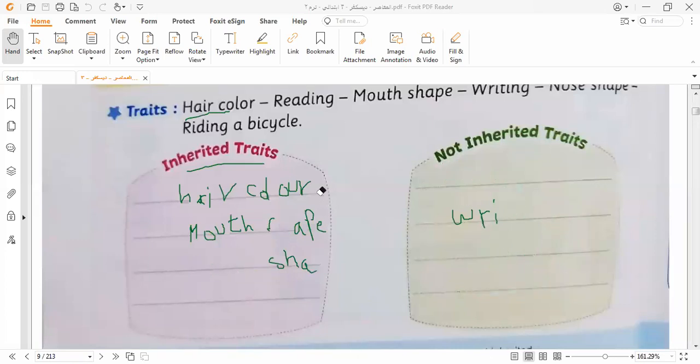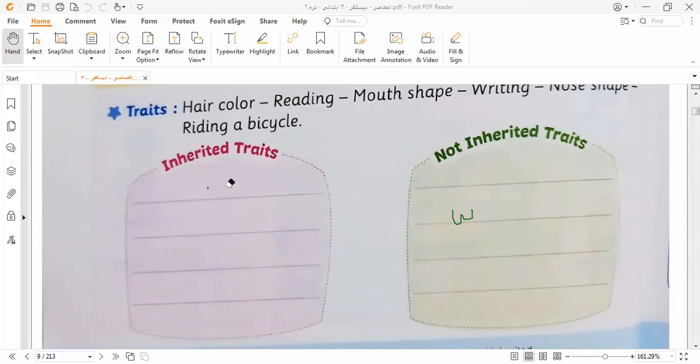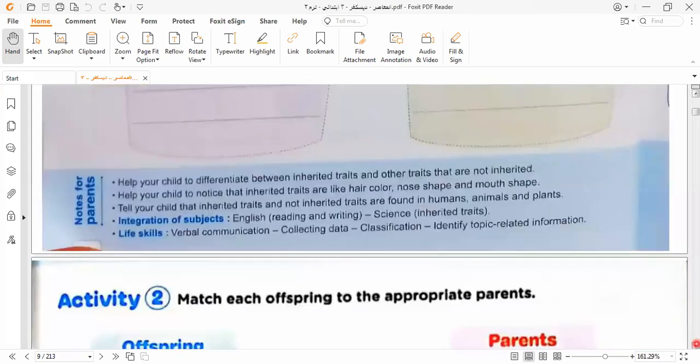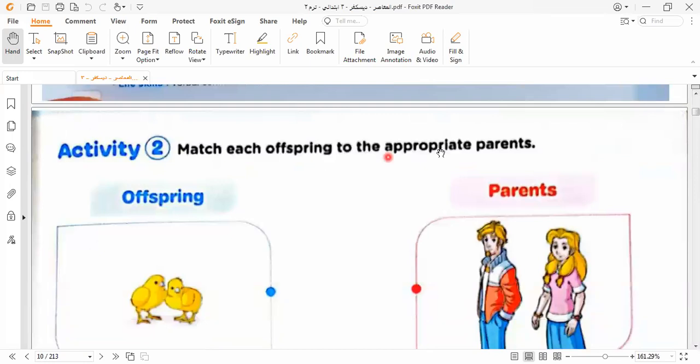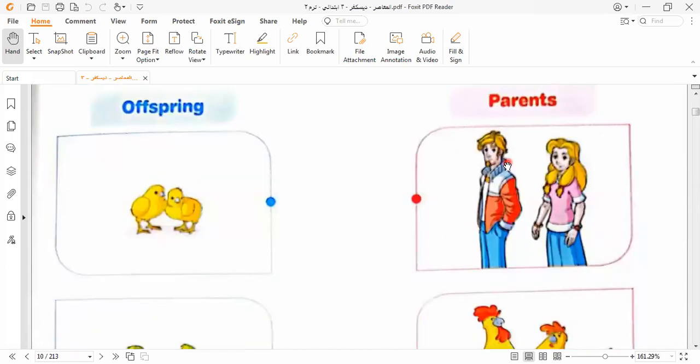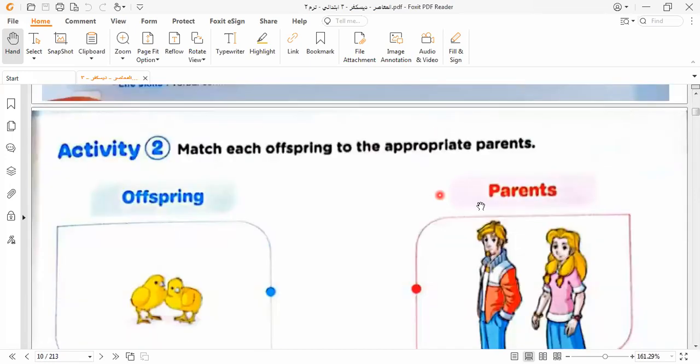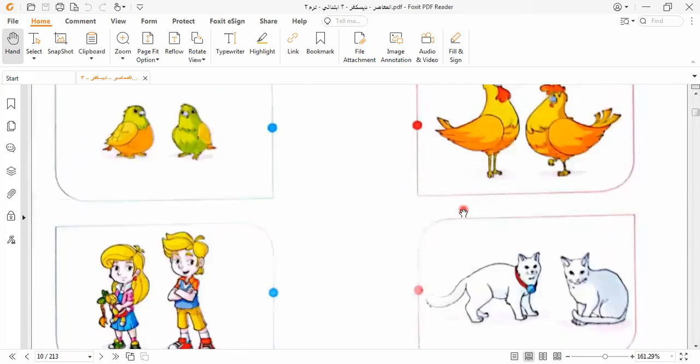Okay, let's go to another activity. Match each offspring with its parents. We have an offspring and we have a parent. Parent means an origin. So let's find which one is suitable for the picture.